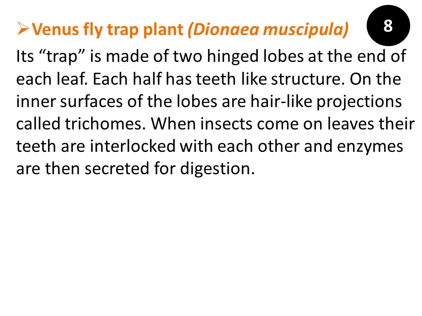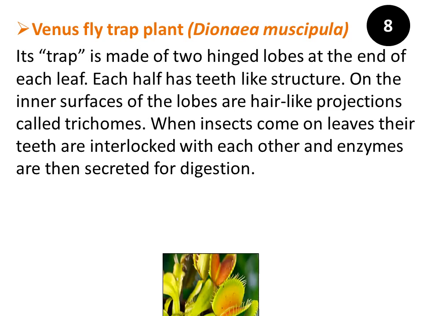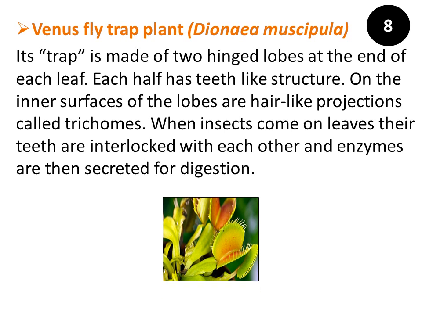Students, the next example which I am going to discuss with you is the Venus flytrap. Its name indicates that it's a trap for insects, and this trap is made of two hinged lobes at the end of each leaf.